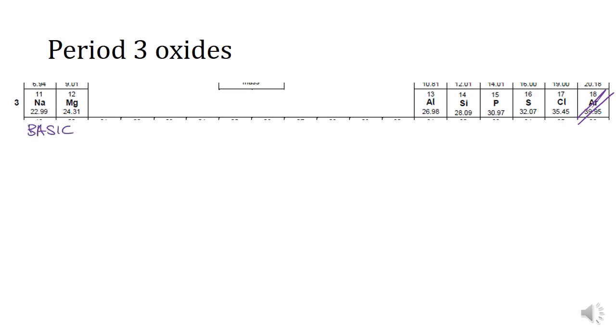We've then got aluminium, which is amphoteric. Then you've got silicon oxide, which is covalently bonded.